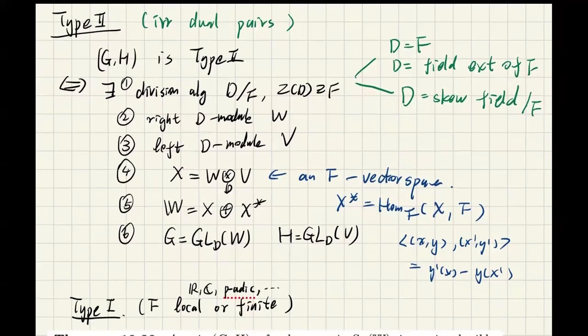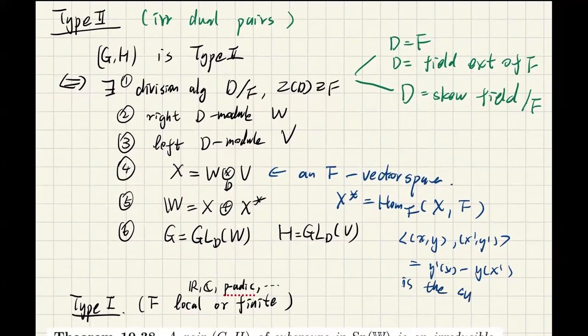This is the symplectic form on W. Then G will be the general linear group of the right D module W, and H will be the isometry group of the left D module V. This G and H act on X and X star, so this will be a commuting action.